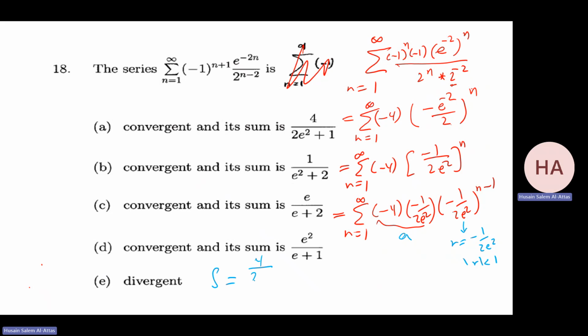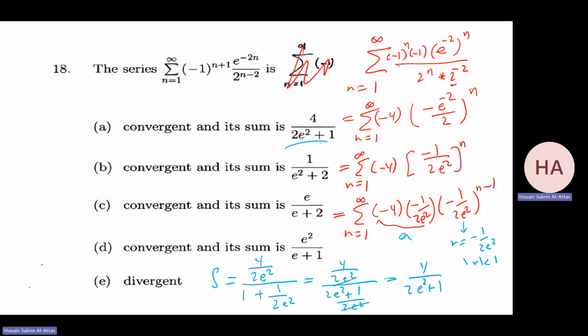It is 4 over 2e squared over 1 plus 1 over 2e squared. So that gives me 4 over 2e squared over 2a squared plus 1 over 2e squared. This is cancelled, so you have 4 over 2a squared plus 1, which is this one. This is correct.